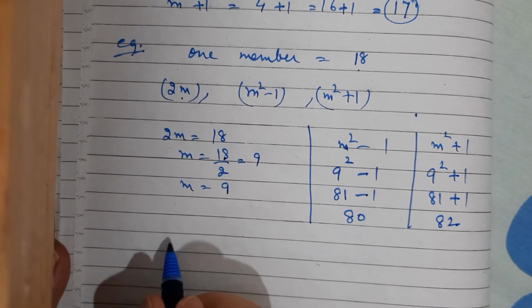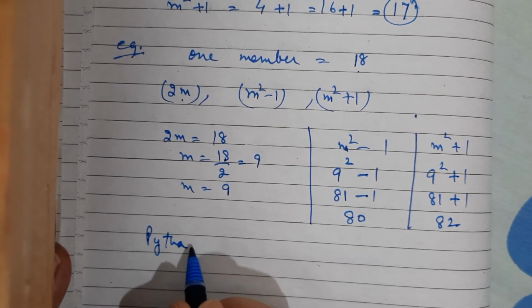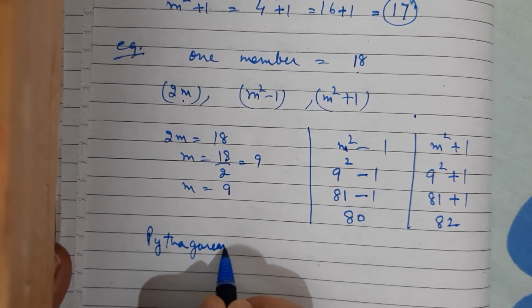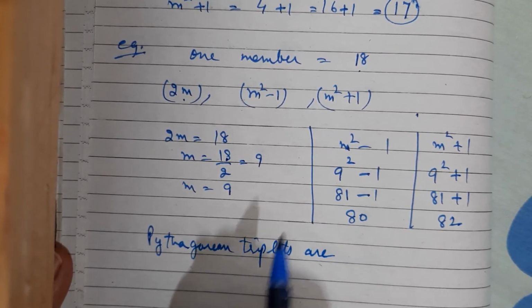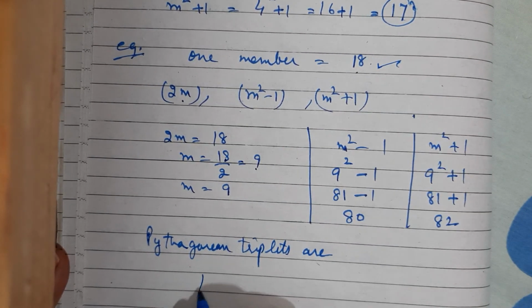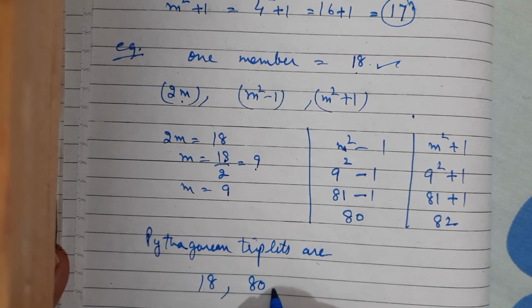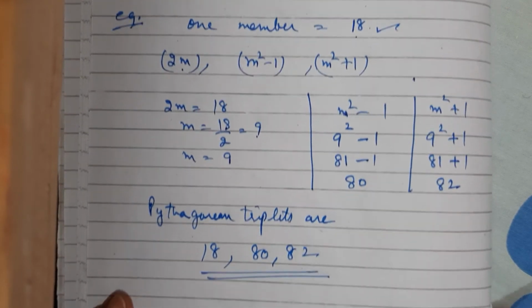So we have 3 Pythagorean triplet members: first is 18, which is given, don't take 9, it is 18 only. 18, 80 and 82. So they are the Pythagorean triplets.